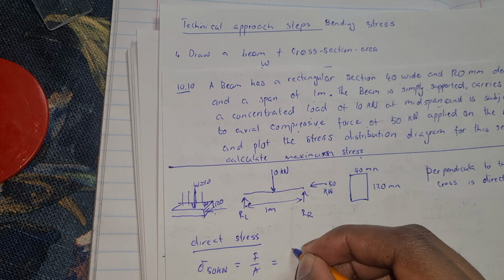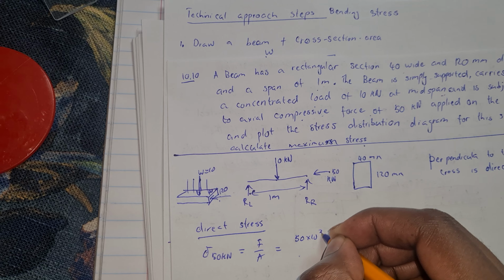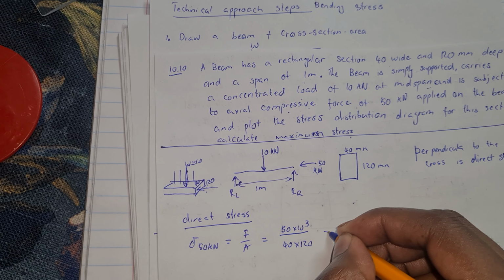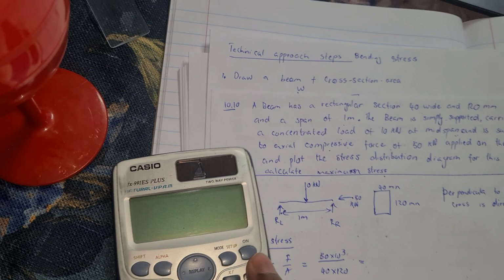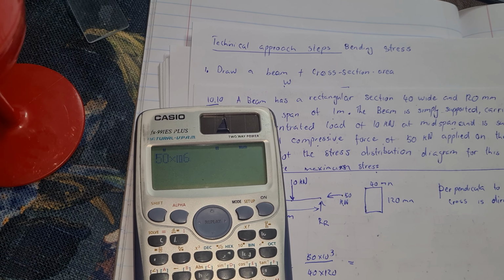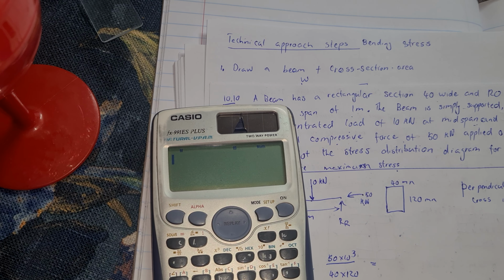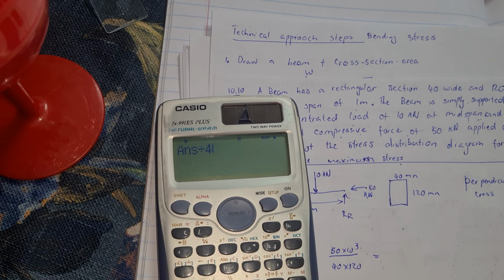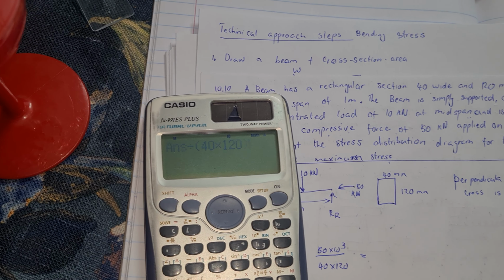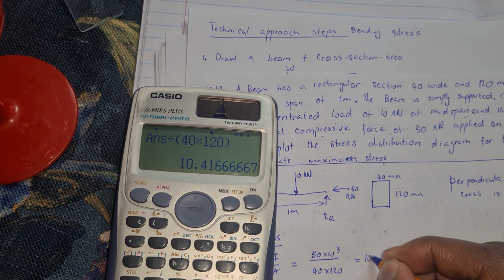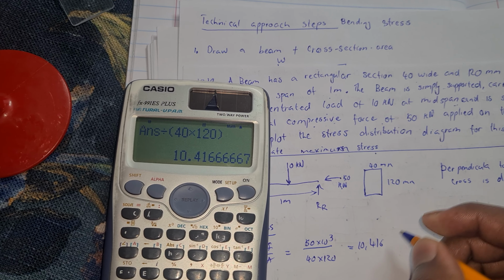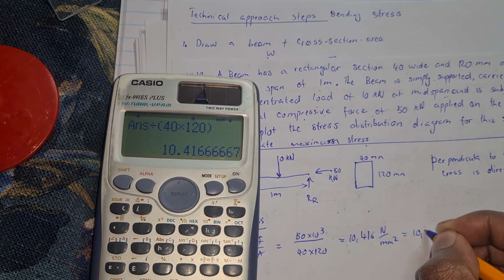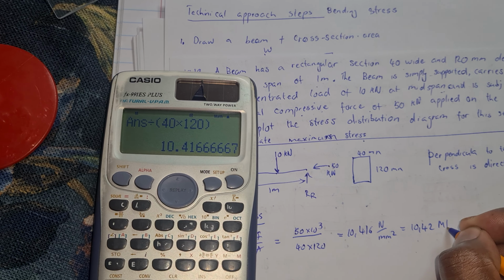So we have 50 times 10 exponent 3 over 40 times 120, which is equal to 0.416 Newton per millimeter squared, which is just equal to 10.42 MPa.